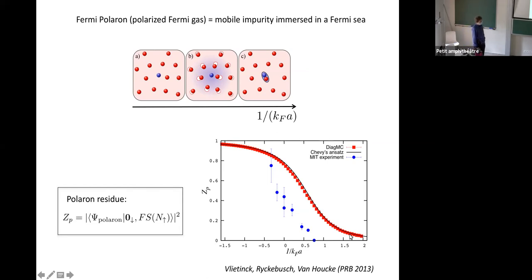And moreover, if we compare with the Chevy ansatz, which is basically the lowest order diagram, we see that this is extremely accurate everywhere. So that's really quite remarkable that even when the Z factor is very small, meaning that particle hole excitations become very important, it is still accurate, even quantitatively. It's accurate to describe it with just an ansatz with one particle hole excitation.